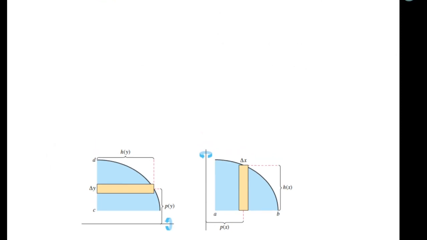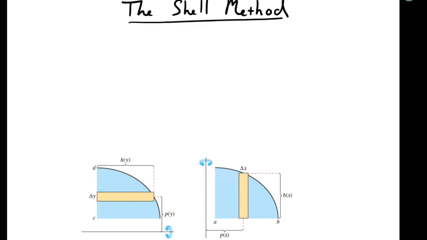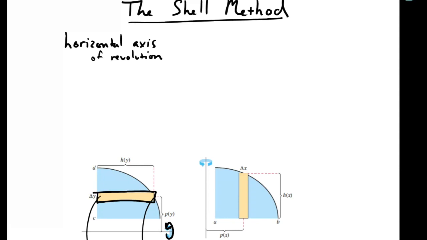So just to see it on 2 different planes, we have our shell method definition. In your book, this would be on page 466. Notice that if I have a horizontal axis of revolution, or it's going around the x-axis, my shell is going to go around it, and it's laying horizontally, right?